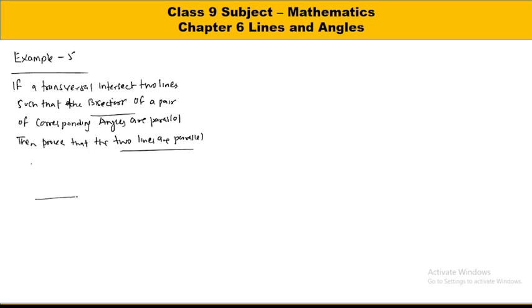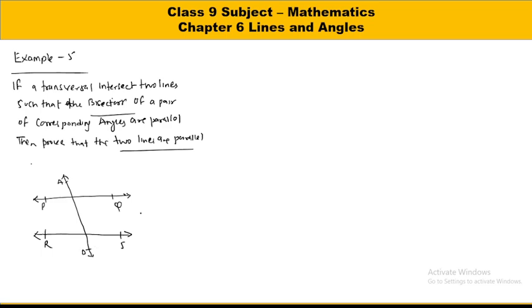lines. So let us see, these two lines are there. Now these two lines are parallel or are not parallel. This is not mentioned. So it is line PQ and another line is line RS. Now a transversal line used to intersect these two lines. The transversal line is AD.